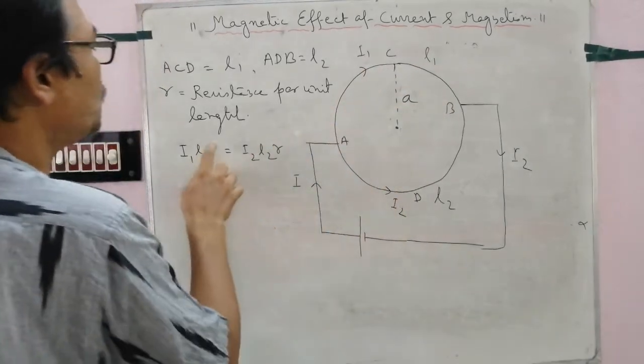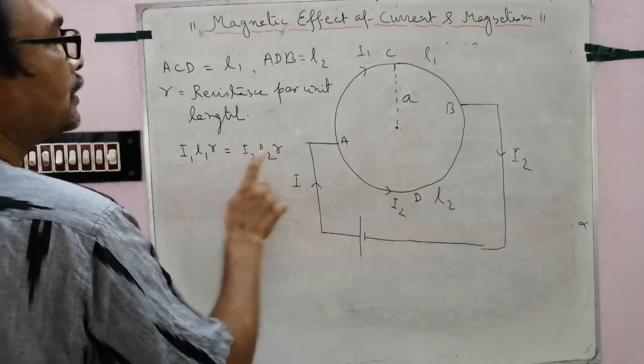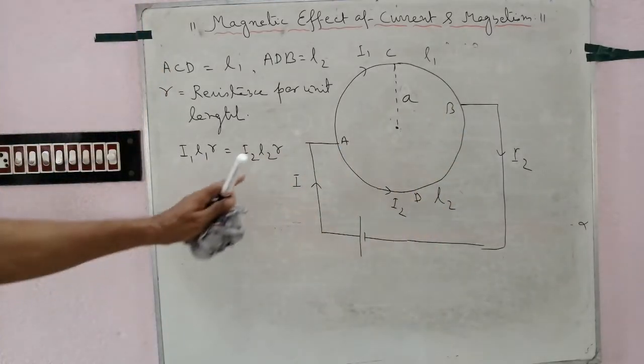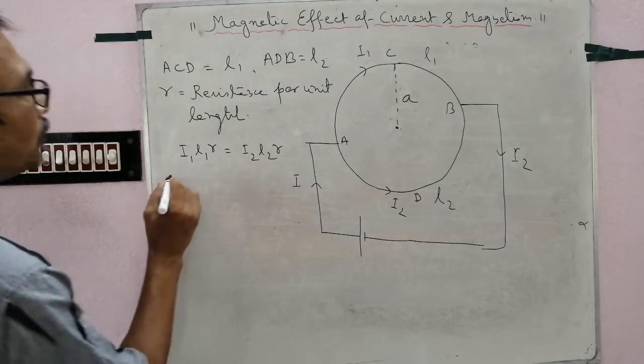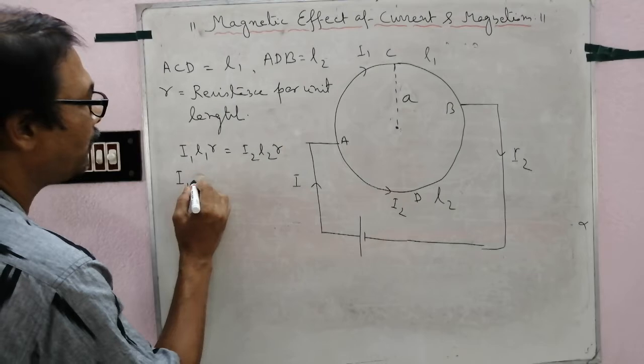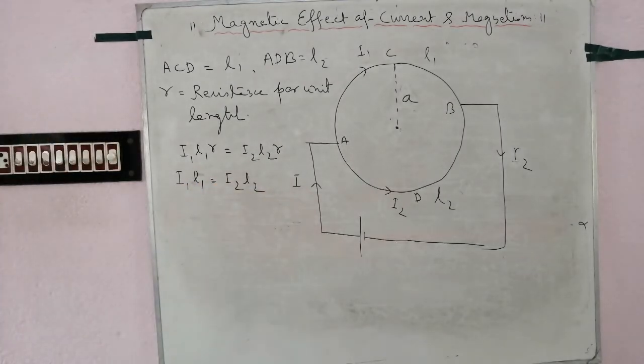So I1 into the resistance of the ACB wire L1 R, and I2 into the resistance of the ADB wire L2 R. So we get I1 L1 equals I2 L2.